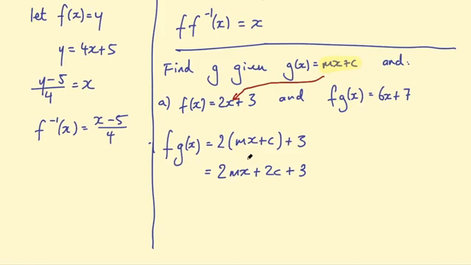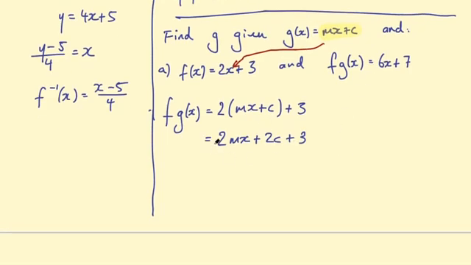So I have an expression here for f of g, which I can make equivalent to this expression up here. Now in this expression, 2mx will be equivalent to 6x. So therefore I can say that 2m equals 6. Right? So this coefficient of x must equal this coefficient of x, because these are the same functions, f of g. So that allows me to say that m equals 3.